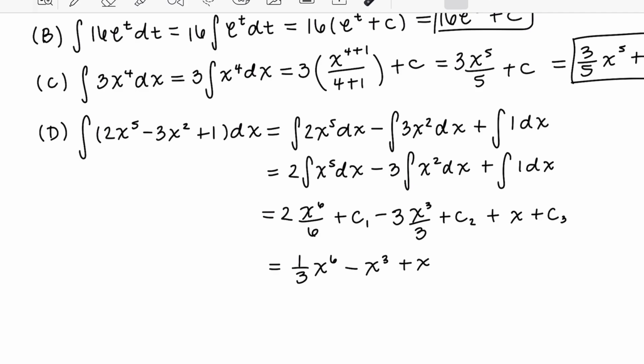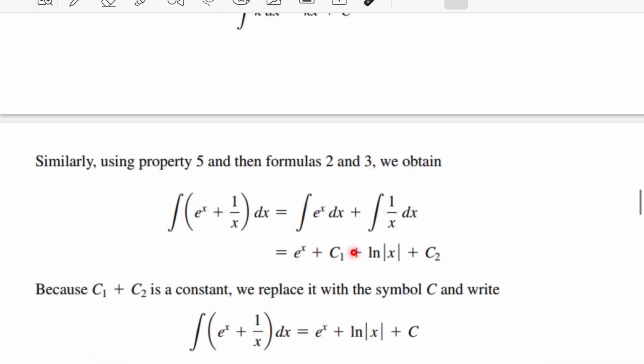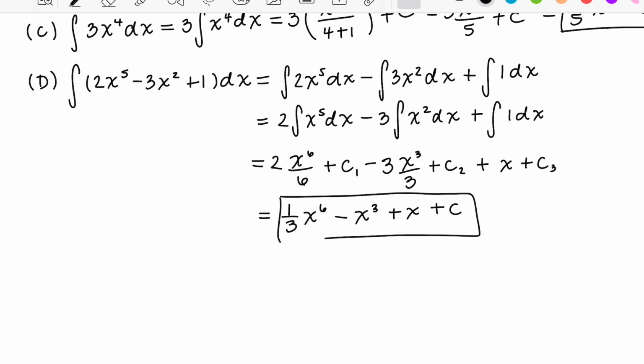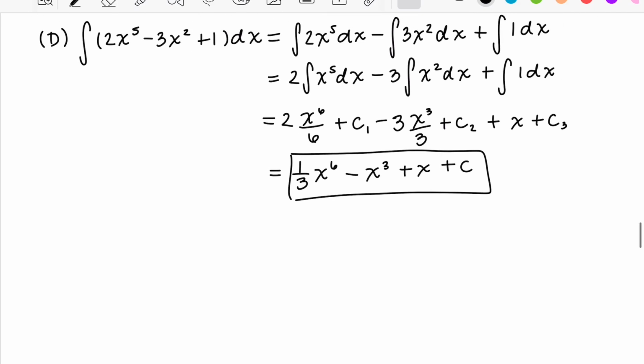The reason being is because we saw up here that when we split out these integrals, we can just combine their constants into 1. So we'll just get plus c there. And so this is our answer for that one.